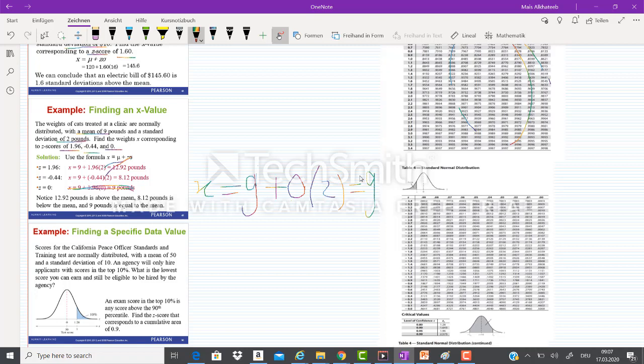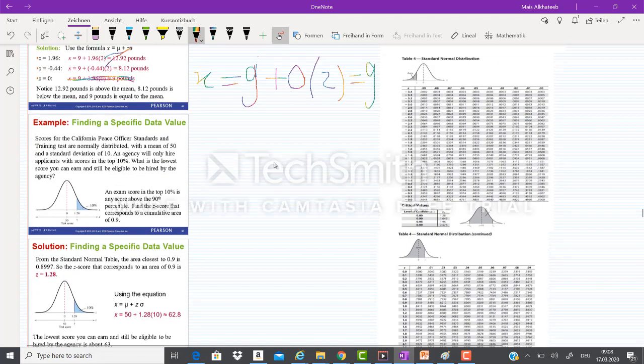This is the third value, 9 pounds. This is an example of how I transfer from Z to X. Now I will get to the whole problem.